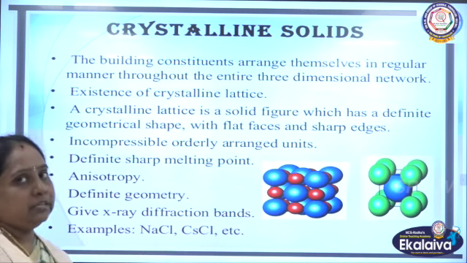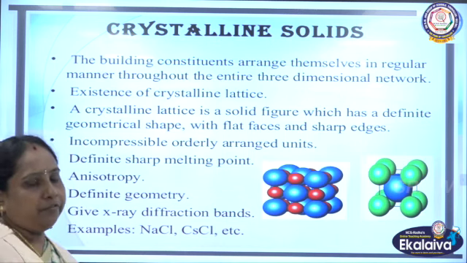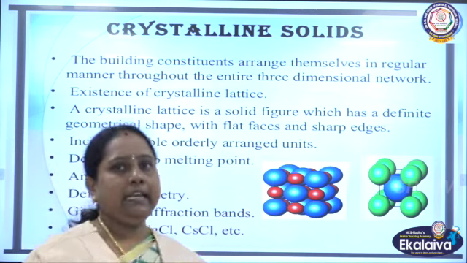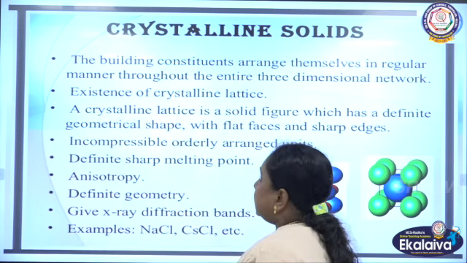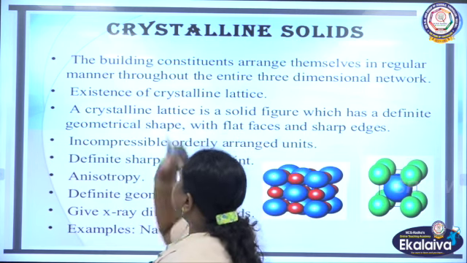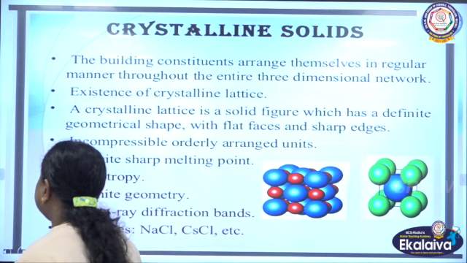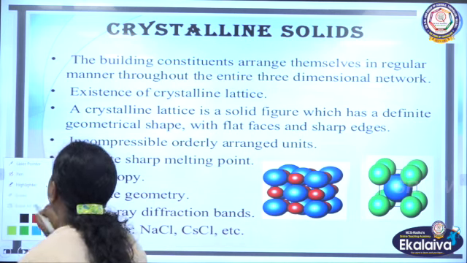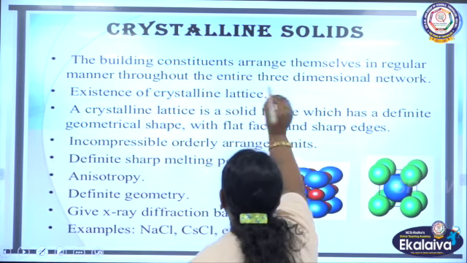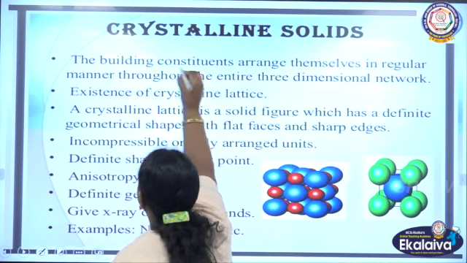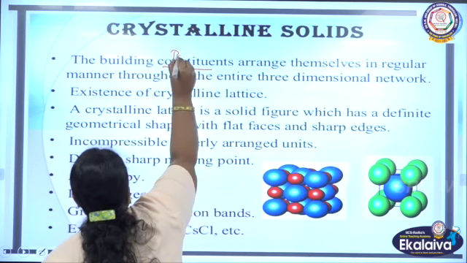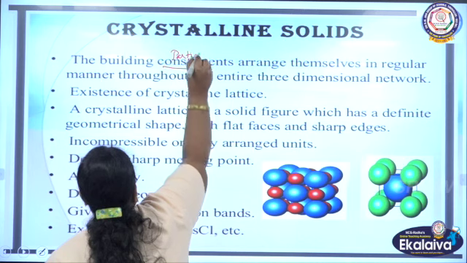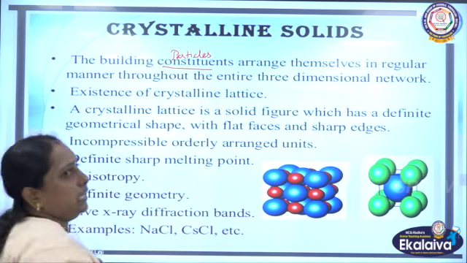Now let us get into the detailed study of the properties of crystalline solids and amorphous solids. Crystalline solids, actually the building constituents of the crystalline solids are arranged themselves. Constituents means what? The particles. It may be an ion, or an atom, or a molecule.